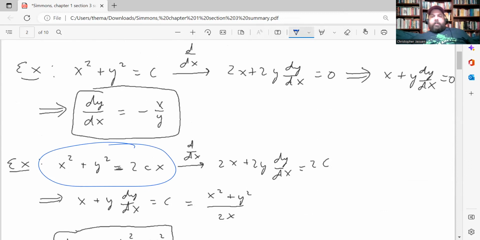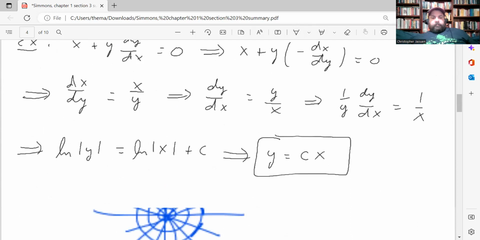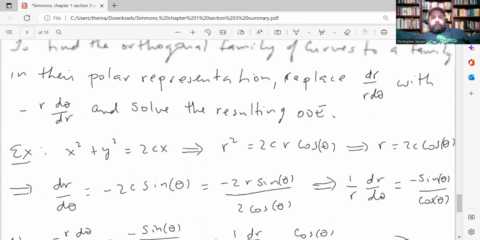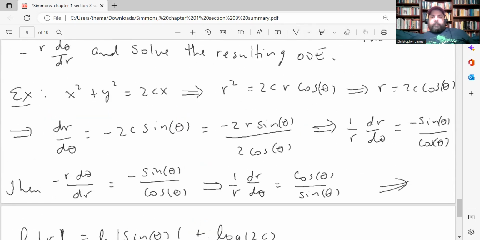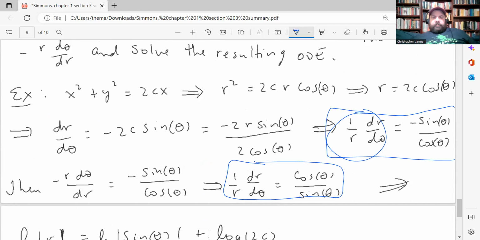So if you write that in its polar representation, we end up with this differential equation here. All right, and then again, just replacing this with the negative reciprocal, that gives you this differential equation, which we can solve because it's separable.